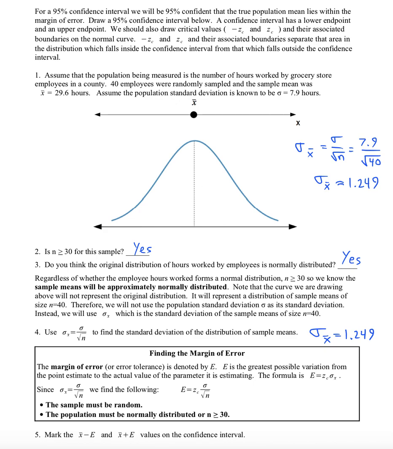Okay, so let's go ahead and find the cutoffs here. It's a 95% confidence interval, so it's fairly wide. I'll shade in the tails. And we want to put C equals 0.95 in the middle.